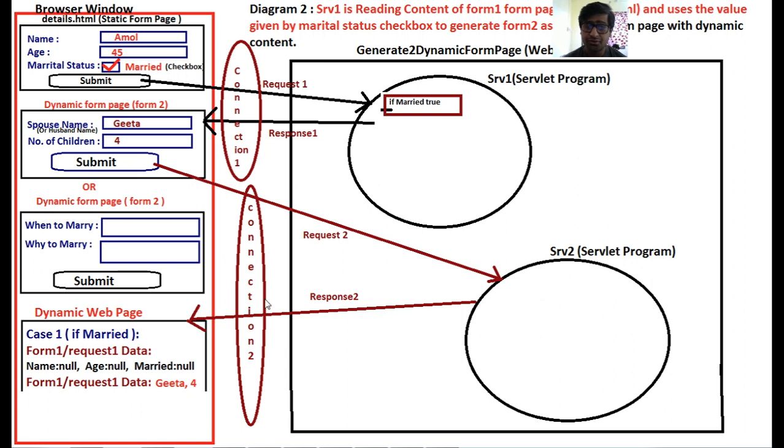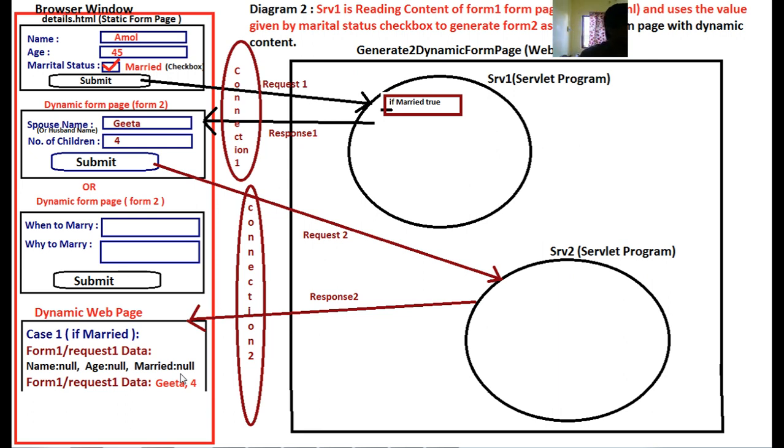As I said to you, the current request could not gather previous request related data. That's why name is null and age is null.